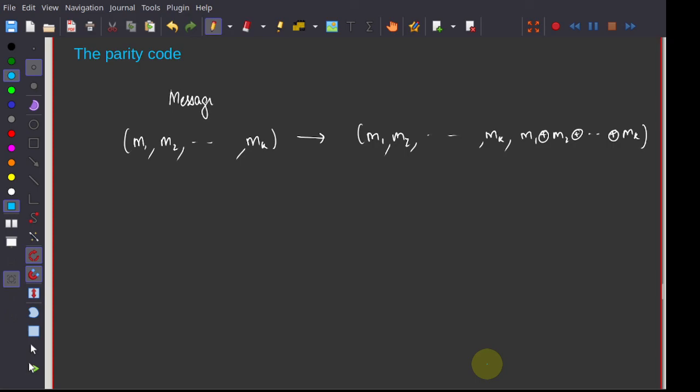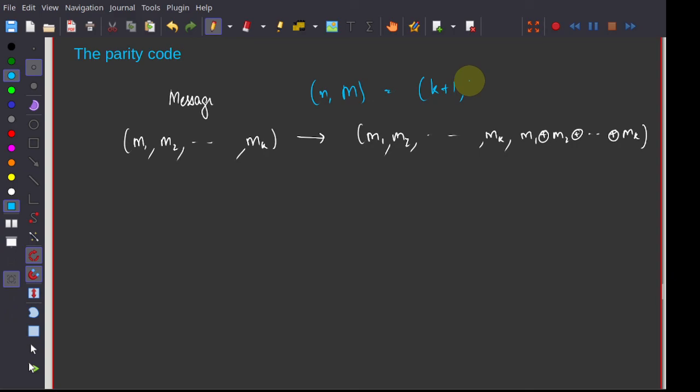The code word is basically the same sequence of k bits appended with the parity, which is the XOR of all the k bits. So what are n and k in this particular case? It is k plus 1.